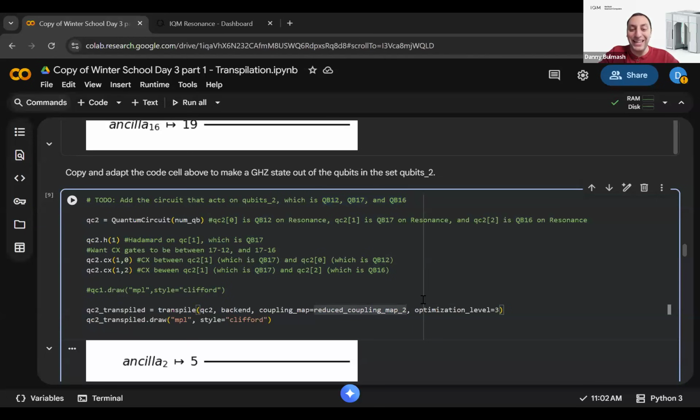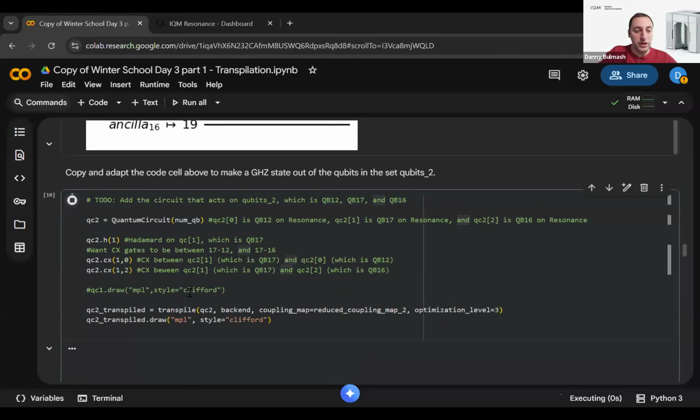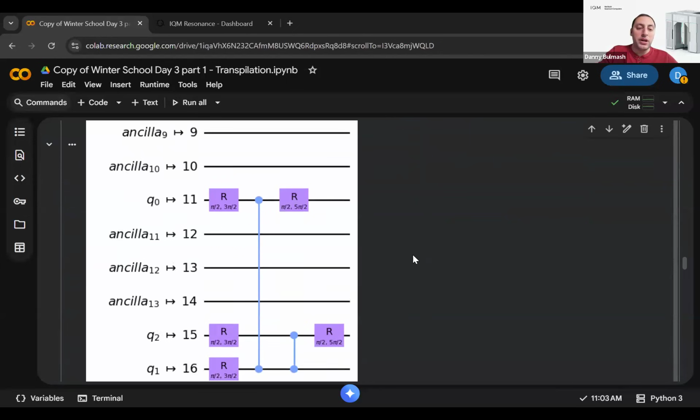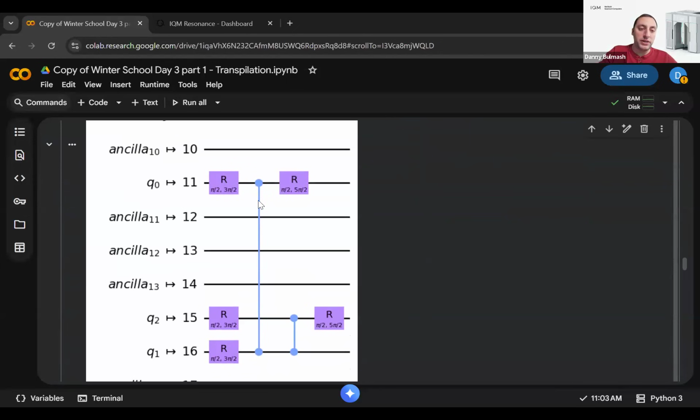Reduced coupling map 1 tells us about qubits 1, 2, and 5. Reduced coupling map 2 tells us about qubits 12, 17, and 16. So if I run this code, we'll see that now the physical qubits that it works on are 12, 16, and 17 in resonance labeling, and 11, 15, and 16 in software labeling. So this is running a circuit on a different set of qubits.